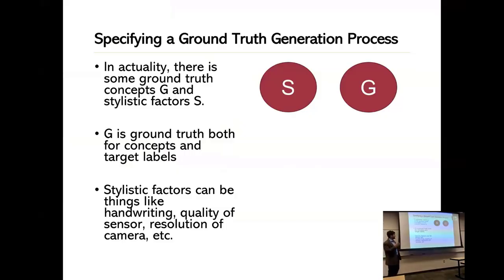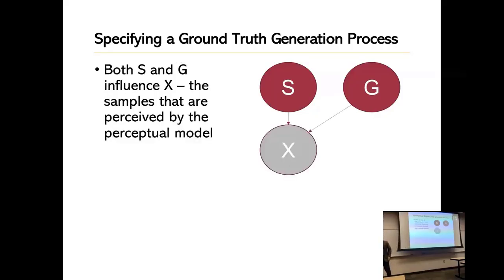So how to think about this? The authors of this paper came up with a theoretical model of how things are generated. So let's say we have two factors. We have some ground truth, what the objects really are, and some stylistic variation. Of course, this could be variations due to the sensor used, or if it's handwriting, how the digits are written, or whatever.